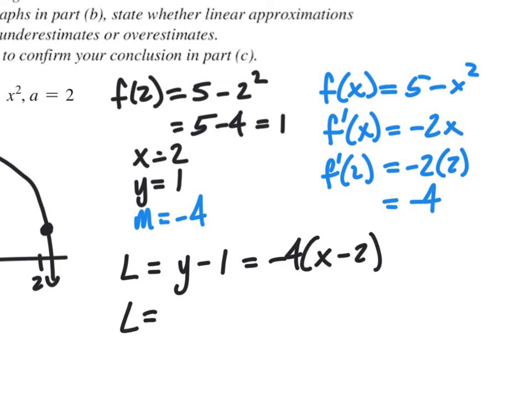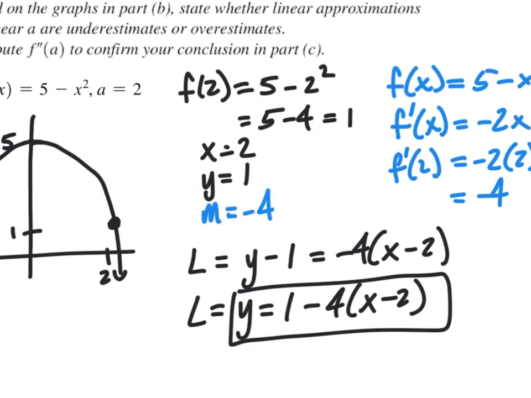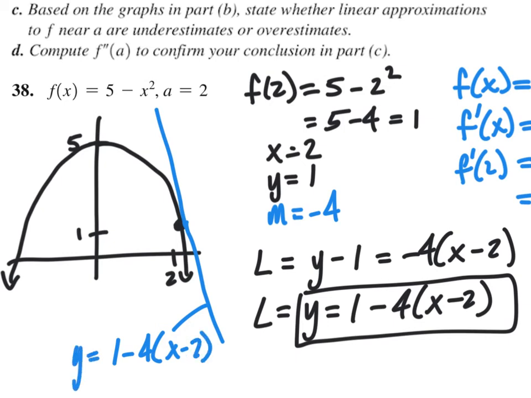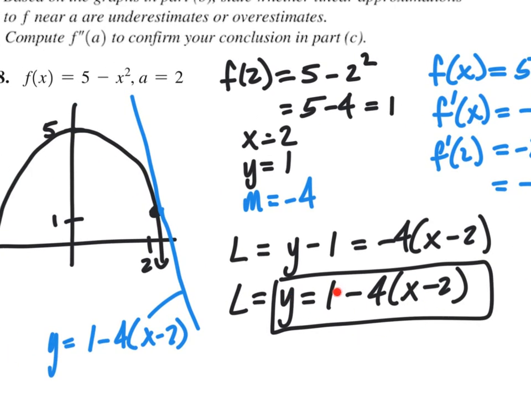So my linear approximation is 1 minus 4 times the quantity x minus 2. If I graph that, it's going to be something like this, and that's my line. You can put this into y equals mx plus b form if you'd like, but for AP purposes, this is what we need, just to be able to write this equation.